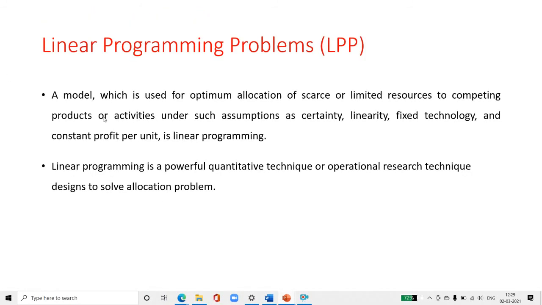The model which is used for optimum allocation of scarce or limited resources to competing products or activities, under such assumptions as certainty, linearity, fixed technology and constant profit per unit, is linear programming.